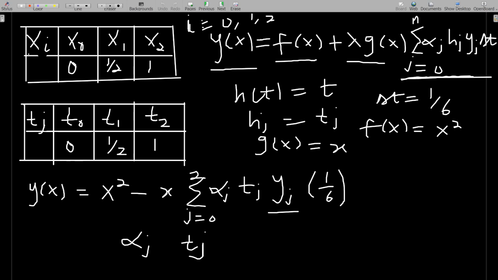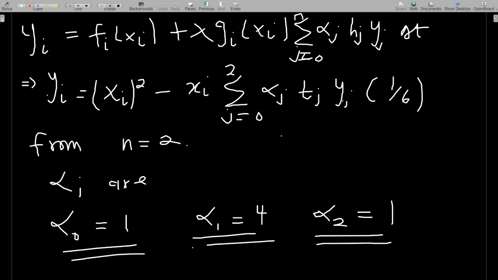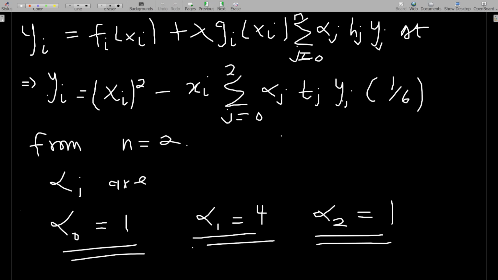So with this, we know our xi, our tj's. All that we start with is to put the values here, alpha j, tj, and we find our y's. So let's start. With the first one, you know that yi is given by xi squared minus xi into the summation. I'm coming to sum everything. Let me show you so that you can copy this.